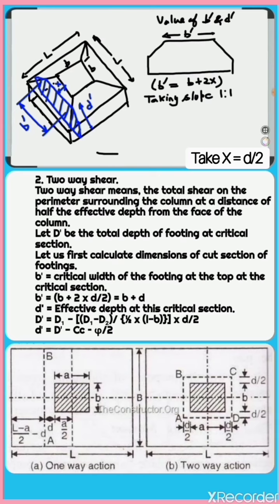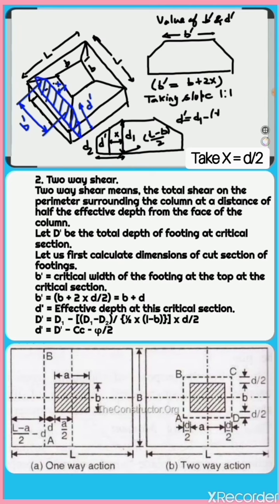So width B dash equals B plus D. D dash equals total depth at this critical section. D dash equals D1 minus (D1 minus D2) upon (1/2 into (L minus B)) multiplied with D by 2. So, effective depth equals D dash minus clear cover CC minus 5/2.